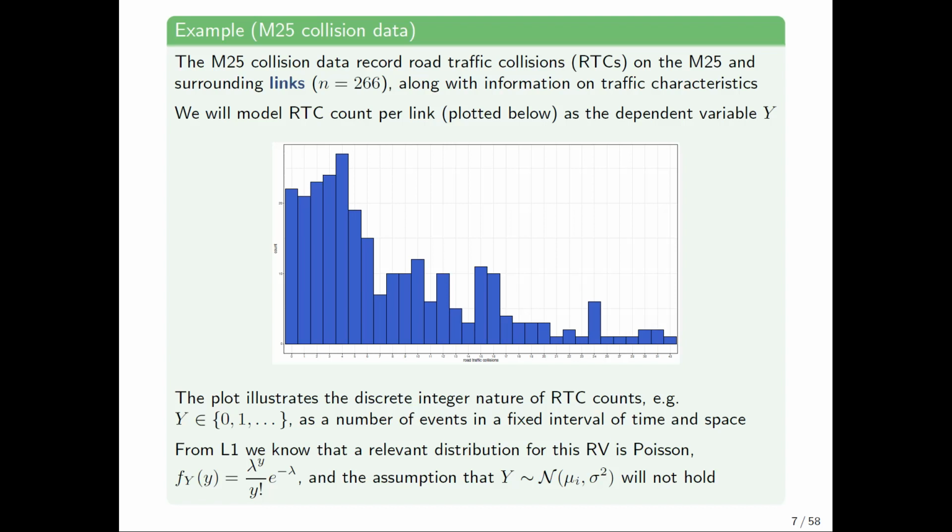And from lecture 1, we know that the relevant distribution for a count-based integer is a Poisson distribution with the mass function shown here. And again, this is not continuous data. It's strictly non-negative. It is count-based. It's an integer. So the assumption that this data should be normally distributed will simply not hold. We can't make this assumption here for this type of data. It's inappropriate.